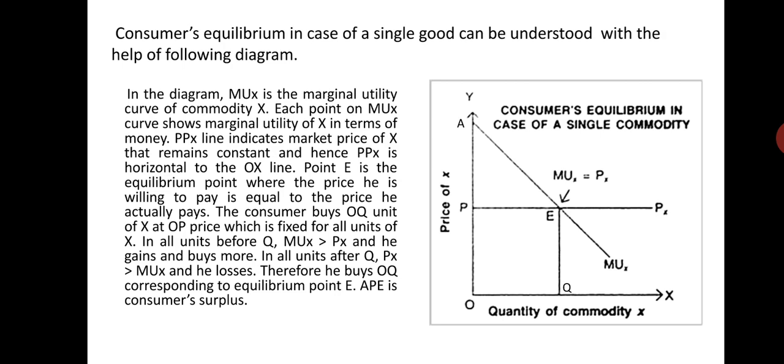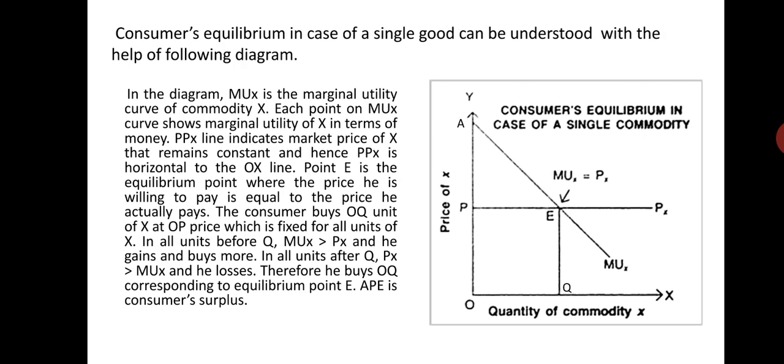Point E is the equilibrium point where the price he is willing to pay is equal to the price he actually pays. The consumer buys OQ unit of X at OP price, which is fixed for all units of X. He purchases OQ quantity of that good because at this point MUX becomes equal to PX.